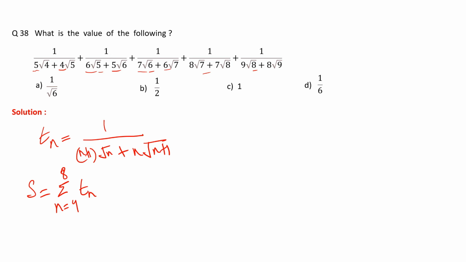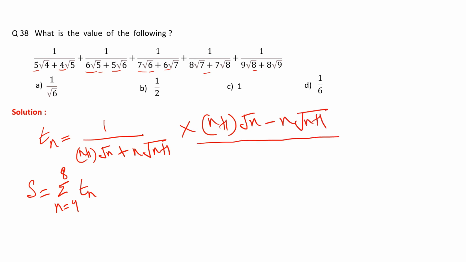Now we will be simplifying or rationalizing this Tn. So it will be (n plus 1) into square root of n minus n into square root of (n plus 1). The process to rationalize it is same as we do in the case of surds. And then we'll be dividing by this value.